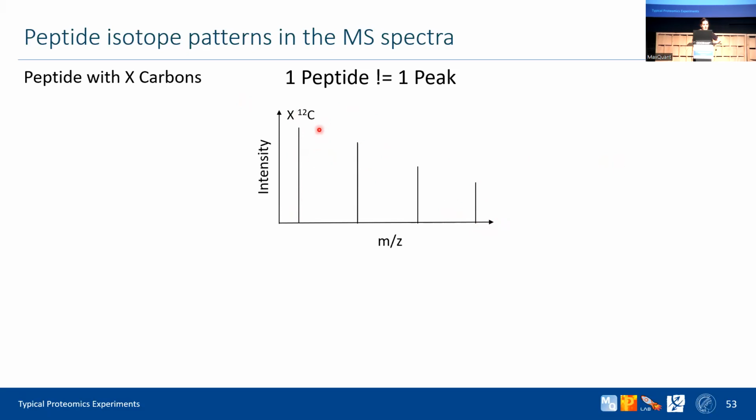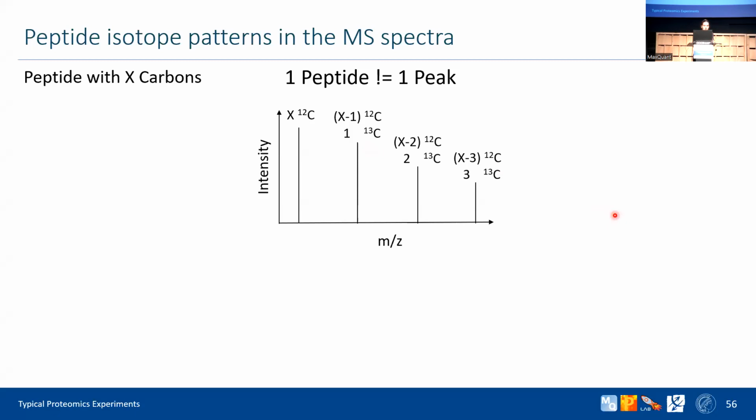What are the other peaks? The first peak is the one with all the carbons being carbon-12. The second peak is where all carbons except one are in the carbon-12 isotope form, and only one is carbon-13. Then the next peak is where all the carbons except 2 are in the carbon-12 form, and 2 of the carbons are carbon-13, and so on and so forth.